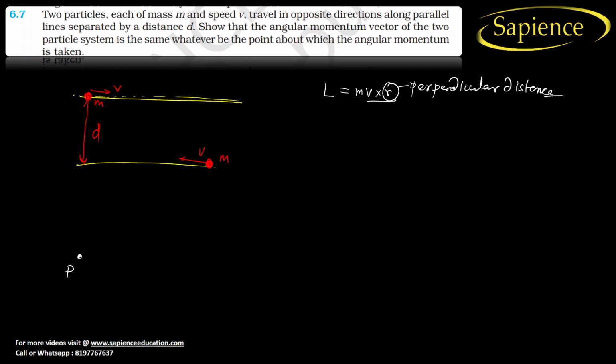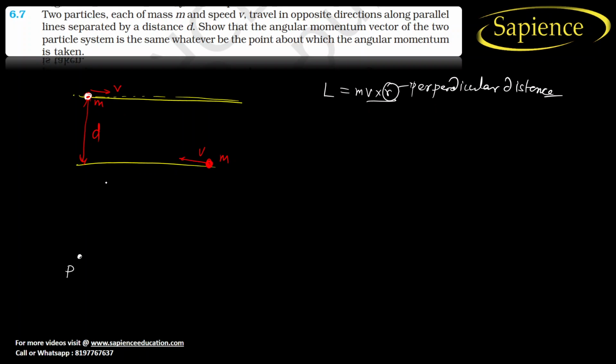Now as per this question we need to prove that the angular momentum vector of the two particle system is the same whatever be the point about which the angular momentum is taken. For a single particle system, if you increase the distance, the angular momentum will increase. But here we are taking a two particle system having velocity v and mass m.